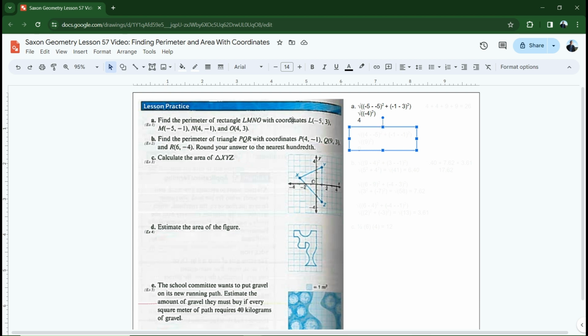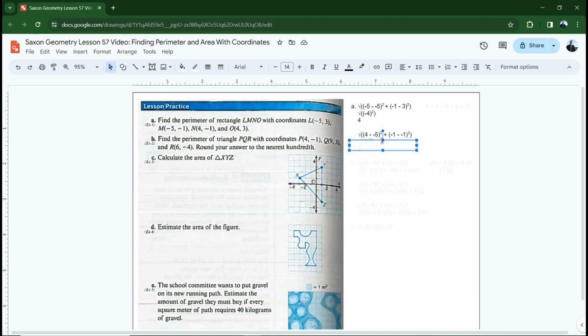But let's do MN next. Okay, these 2 points. The distance between those using the distance formula is going to be, let's see, x2 minus x1, 4 minus negative 5 squared, plus y2 minus y1, negative 1 minus negative 1. Well, negative 1 minus negative 1 is just going to become 0.